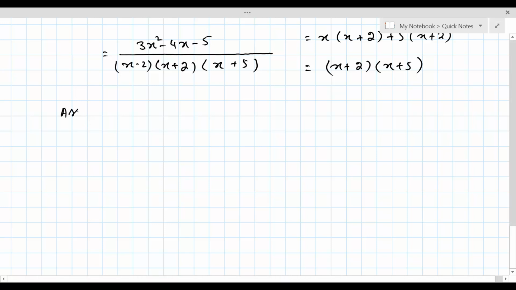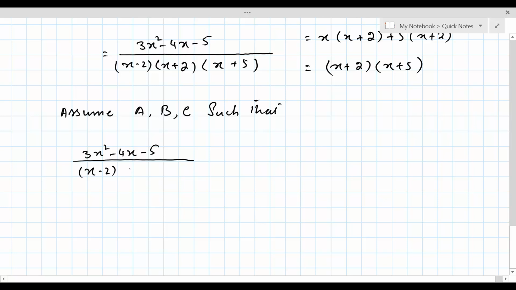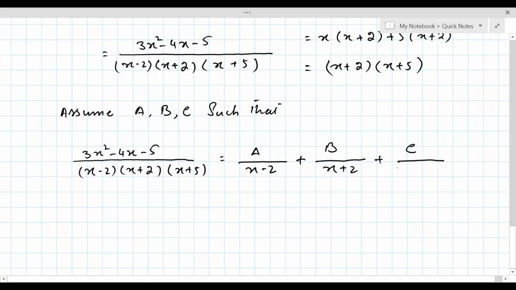So assume A, B, C such that 3x square minus 4x minus 5 divided by x minus 2, x plus 2 into x plus 5 equal to A divided by x minus 2 plus B divided by x plus 2 plus C, third constant divided by third factor, which is x plus 5.